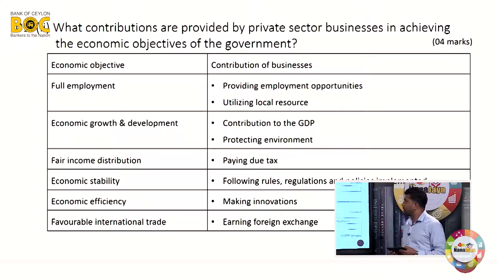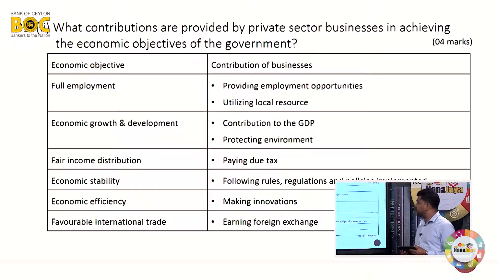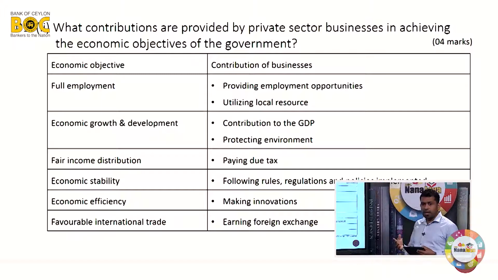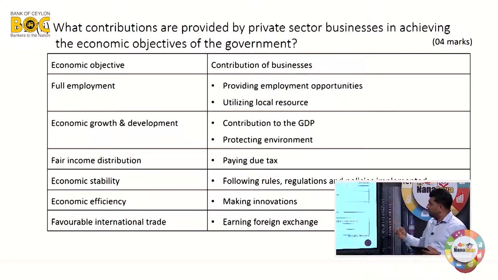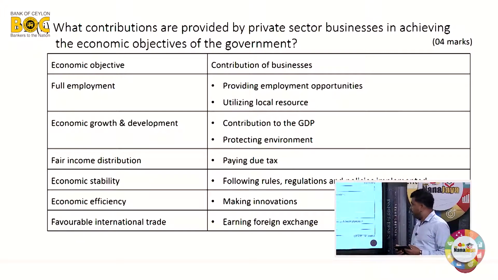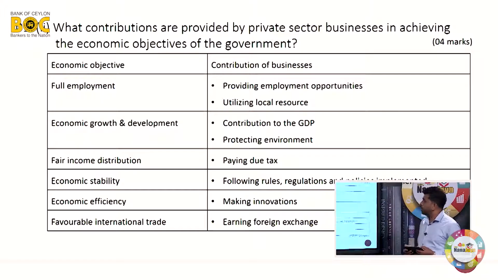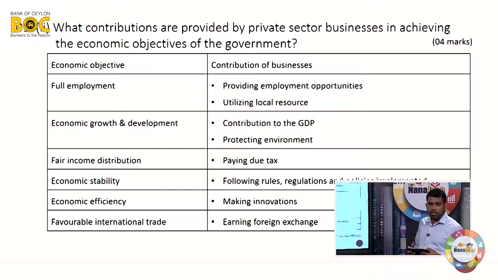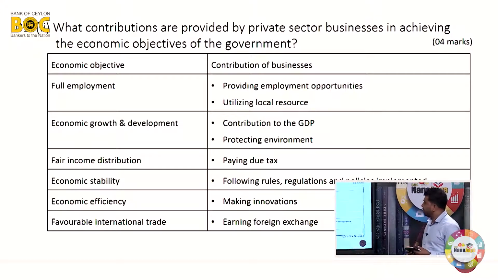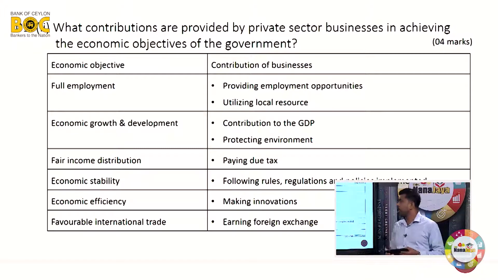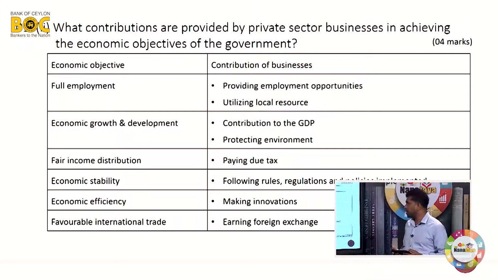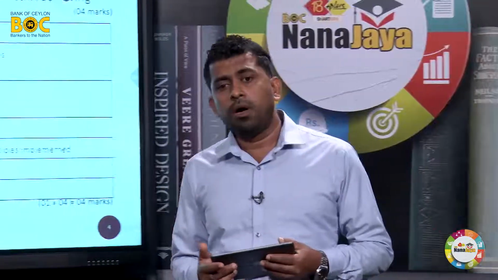To ensure economic growth and development, a business can contribute by adding its output to the GDP, and by protecting the environment, a business can contribute to the sustainable development of the country. By paying due tax on time, a business can contribute to fair income distribution, because the government uses tax rupees to provide welfare facilities for needy people.